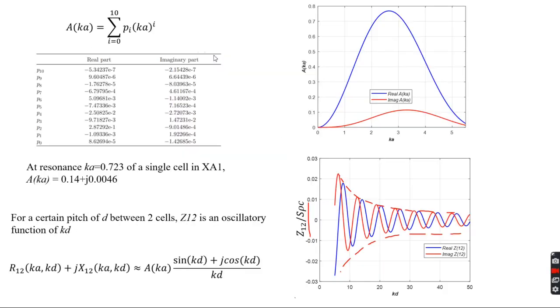But the mutual radiation impedance does go negative, which means some of the cells are going to experience negative radiation resistance. What does it mean? It means that if you have three cells configured as a 1D array, separated by the same distance d, one of the cells goes up, the second cell goes down.